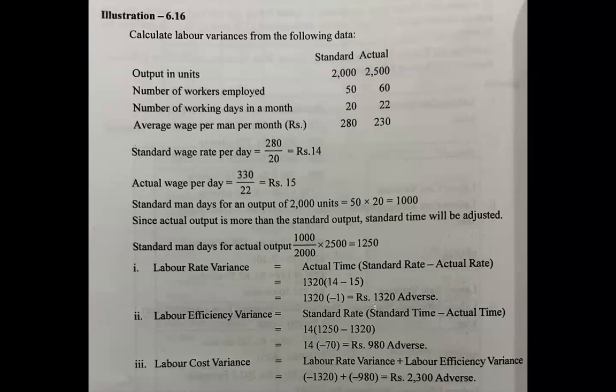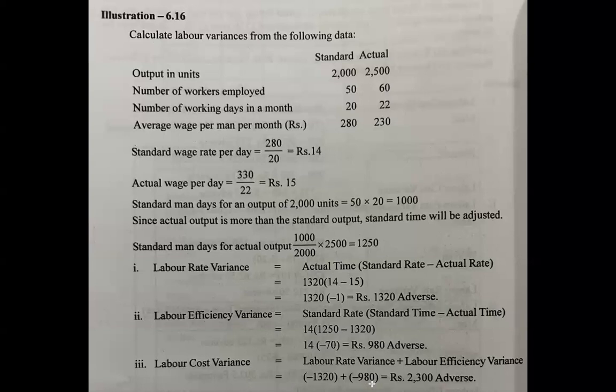Let's come to the labor cost variance. The total of labor rate variance and labor efficiency variance put together is the labor cost variance. Labor rate variance plus labor efficiency variance is minus 1320 plus minus 980, which gives you minus 2300.